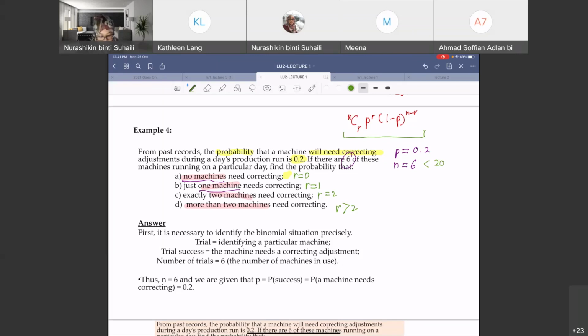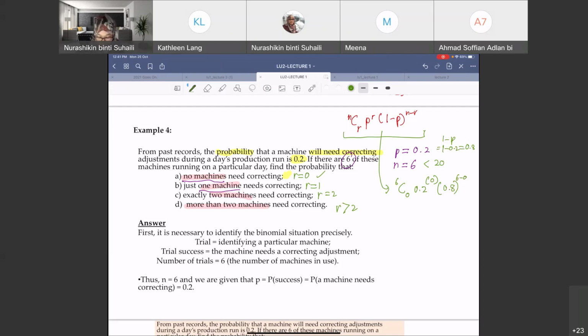Let's solve the first one, r equal to 0. Applying this formula, n is 6, 6C0, and p is 0.2. We just substitute based on that formula. r is equal to 0, and then 1 minus p is 1 minus 0.2, which is 0.8. n is 6 and r is 0.